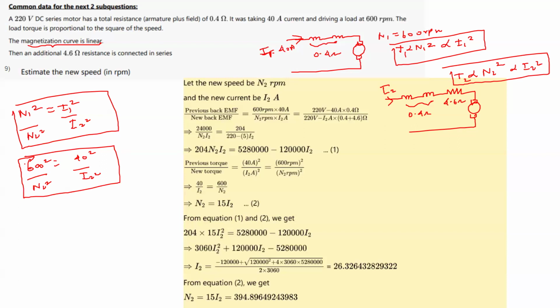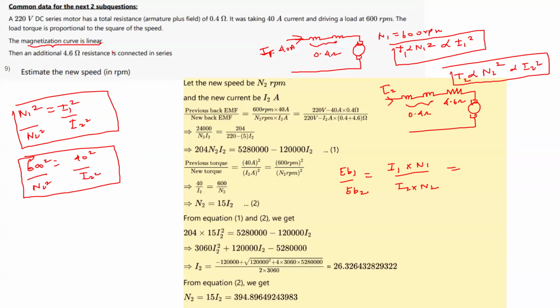What other equation will we use? We will use the equation of back EMF. Because the magnetization curve is linear, EB is proportional to phi into omega, and phi is proportional to the current flowing. So EB1 by EB2 is proportional to I1 into N1 for the first case, and I2 into N2 for the second case.